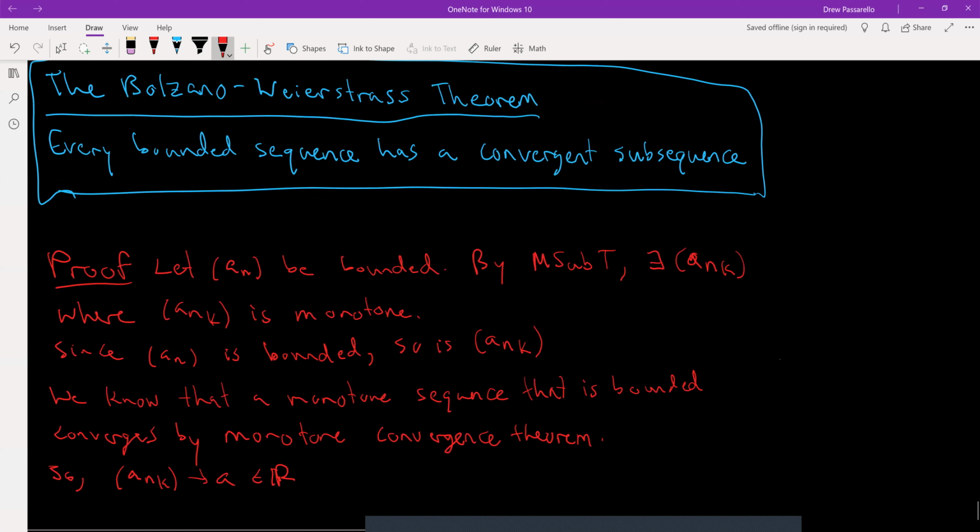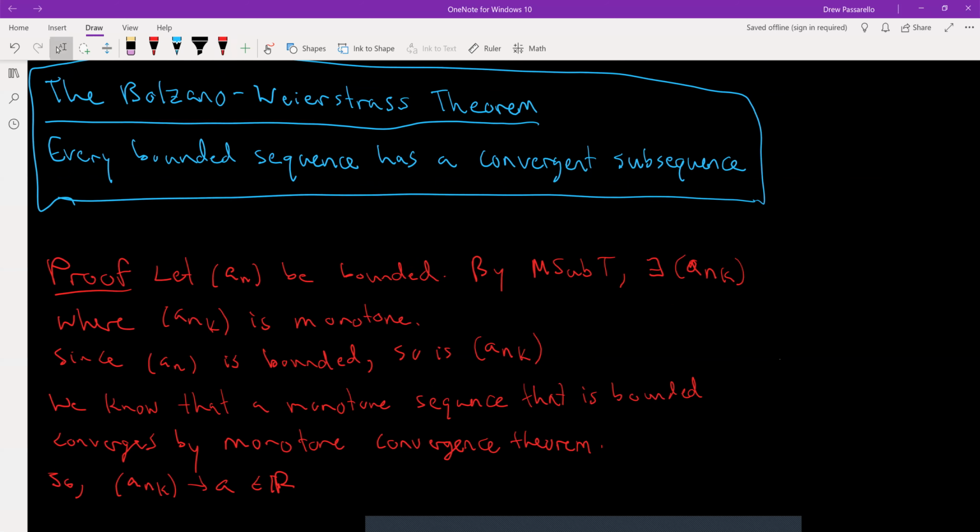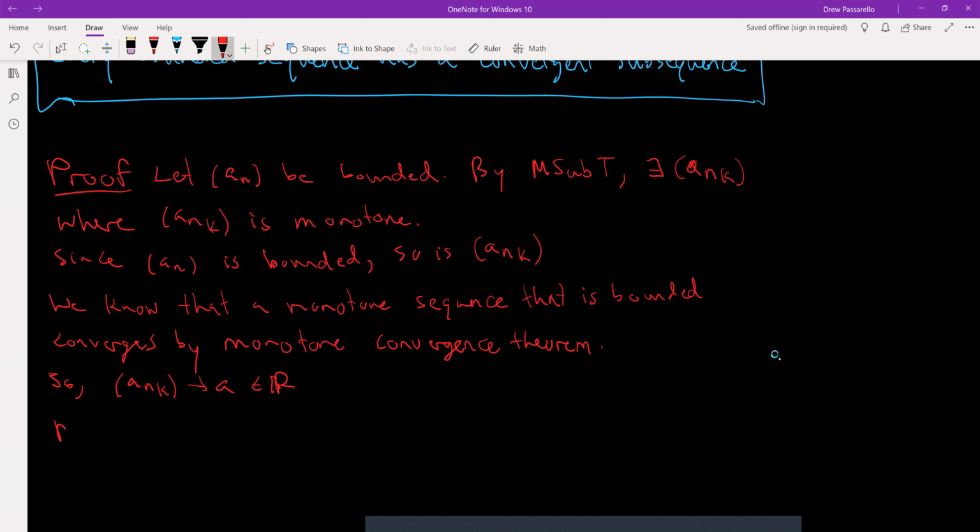And that's it. We've produced a convergent subsequence from a bounded sequence. So the proof is done. So I think that's where I'll stop it for this video, and next video I'll talk about Cauchy sequences.